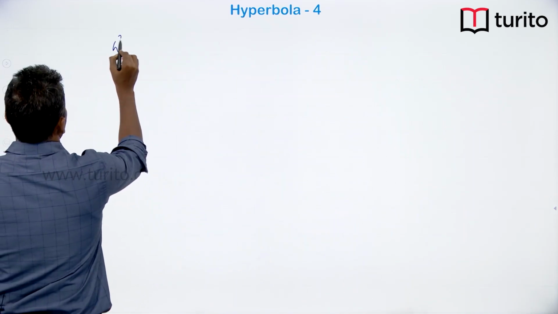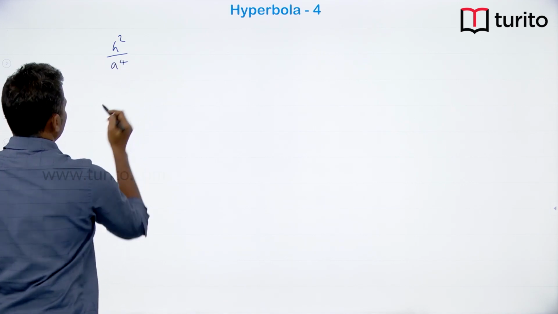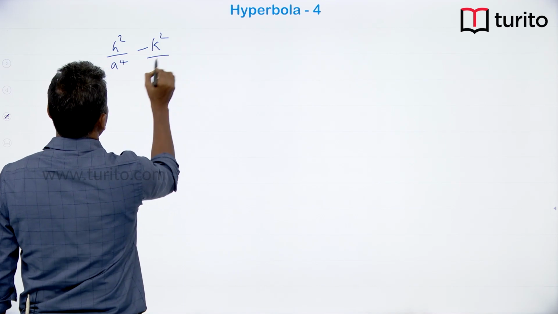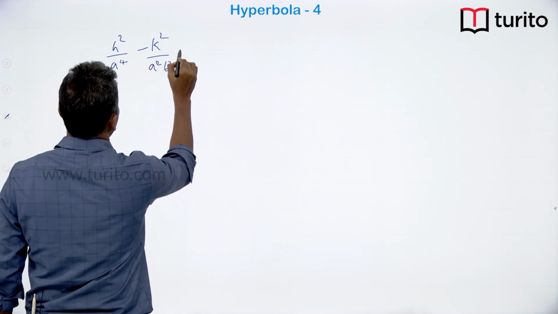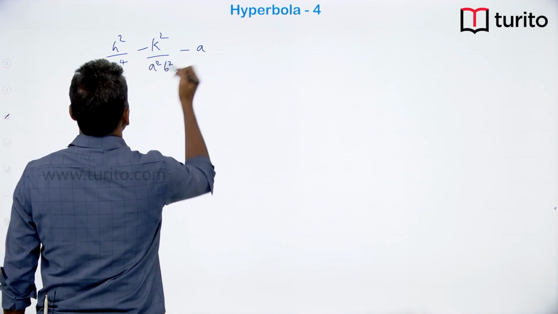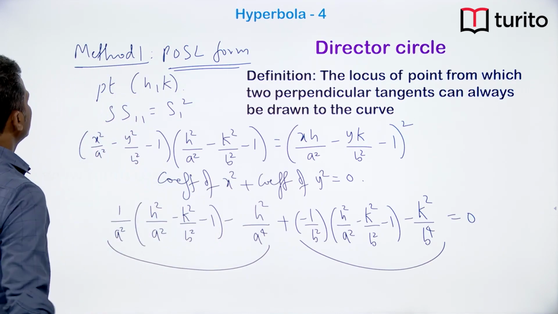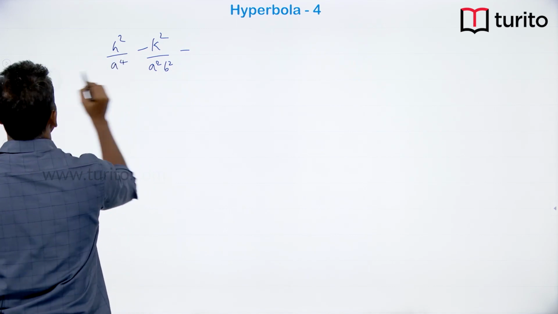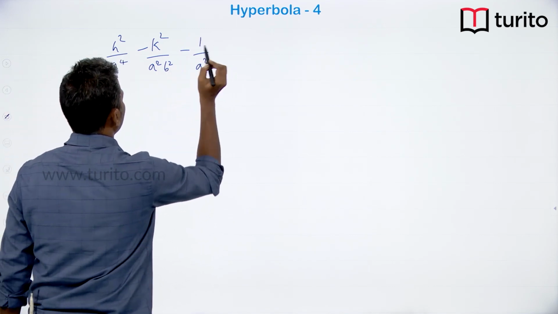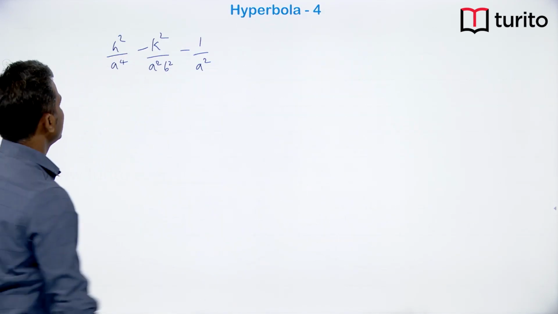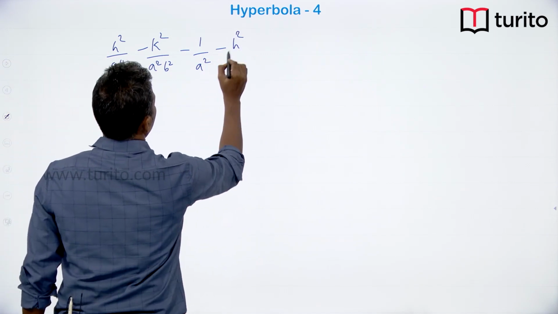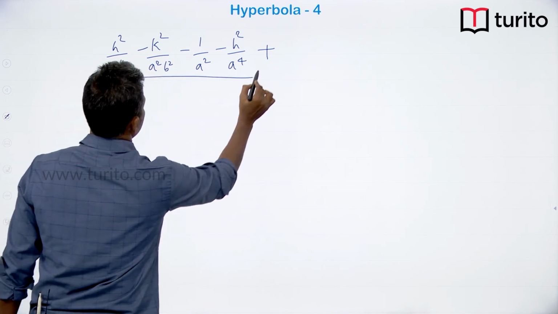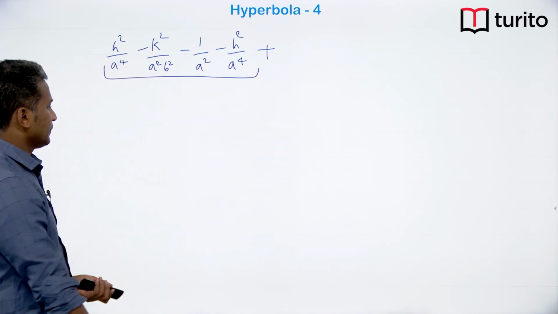So here we are getting h square by a power 4 minus k square by a square b square and minus 1 by a square, and there is one term here which is minus h square by a power 4. This is the coefficient of x square.